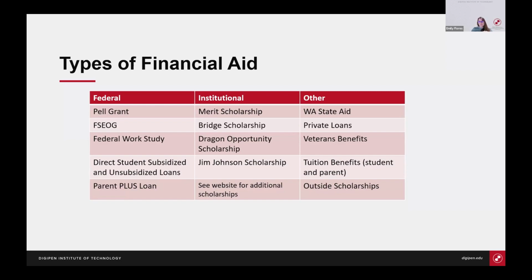And we'll dig in a little bit deeper to some of these specific scholarships and the amounts in the next couple of slides. And then in the other category, we also have Washington State aid, private loans are an option, veteran benefits for eligible students, tuition benefits for students and parents, and outside scholarships are all accepted at DigiPen as well.